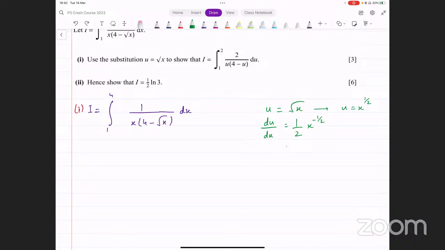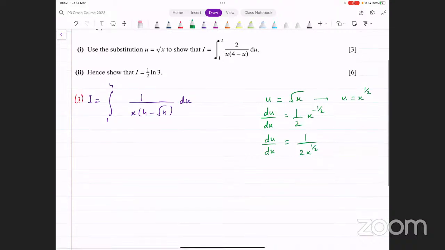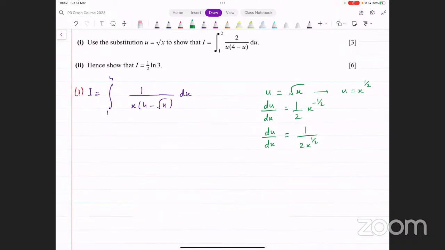Now let's write it like this. It becomes du over dx equal to 1 over 2x power 1 over 2. And then make dx the subject. Taking dx to this side and bringing the 2x power 1 over 2 here, that is going to become 2x power 1 over 2 into du.